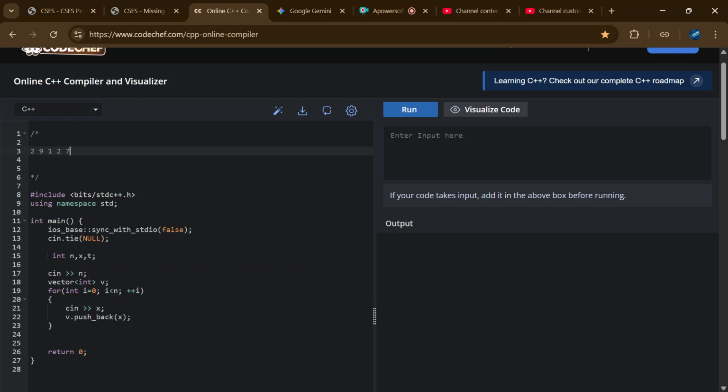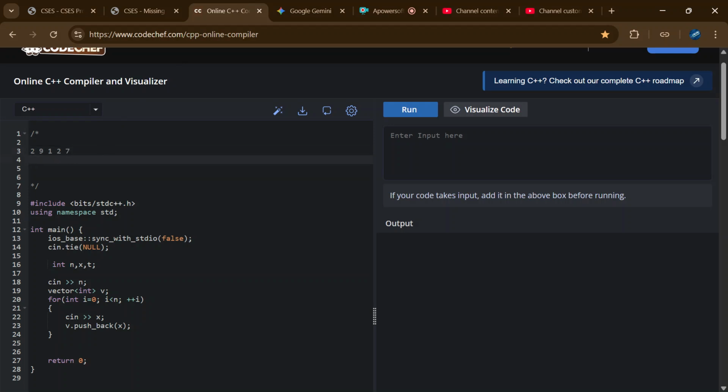For this, can we make 1? Yeah, we can make 1 definitely. Can we make 2? Yeah, surely. Can we make 3? 2 plus 1, yeah, definitely. Can we make 4? Yeah, definitely, 2 plus 2, we have two twos here.